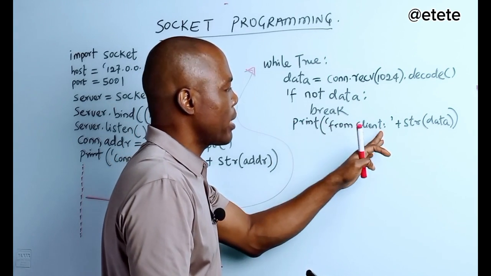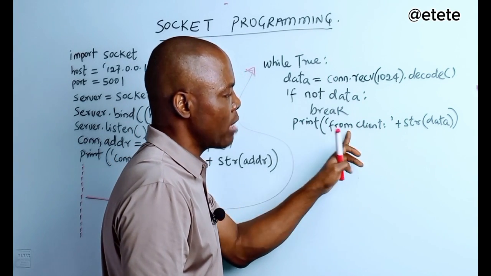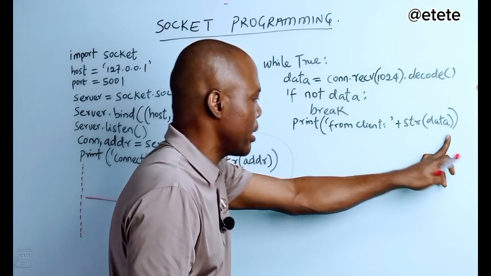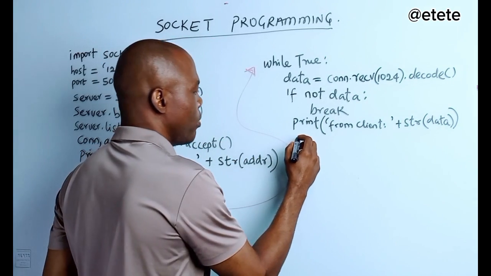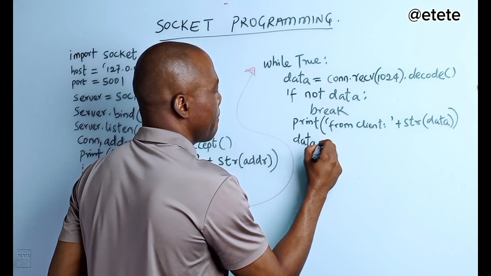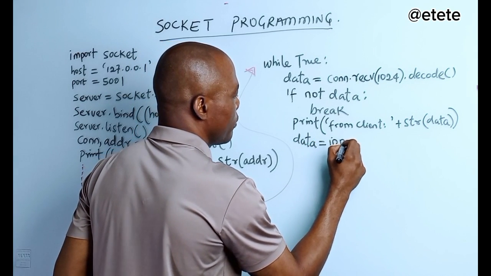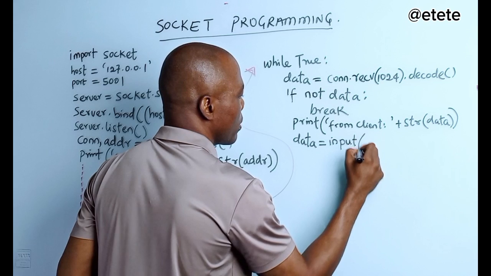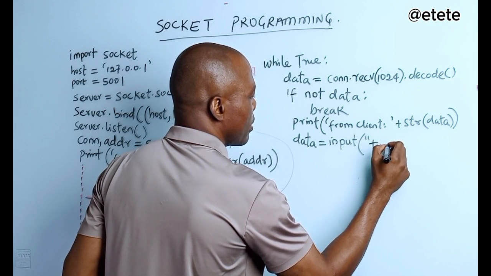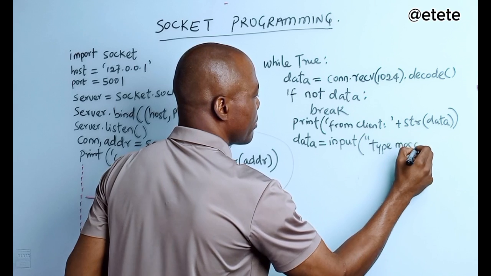So print from client. This one is a string literal that will be printed on the screen. Then the data will be printed here. Then the next thing is what? I will say data, I will call the input function, type message.